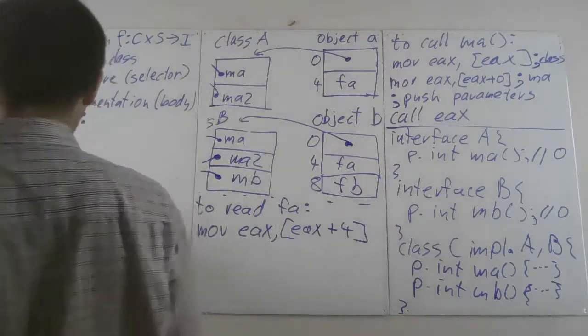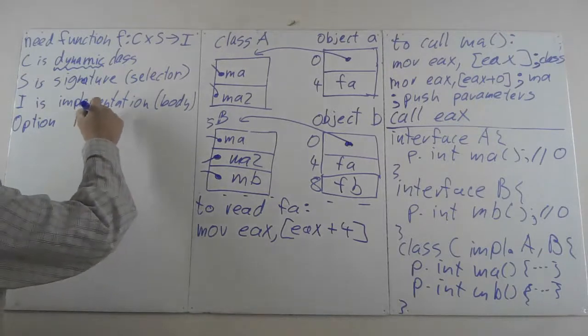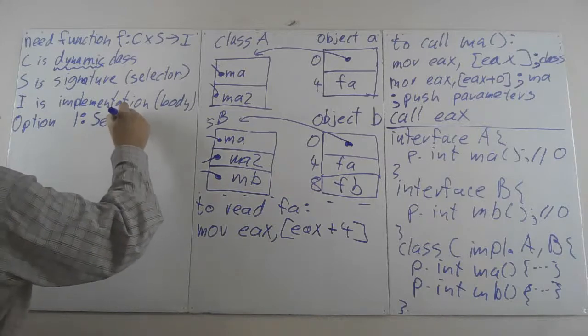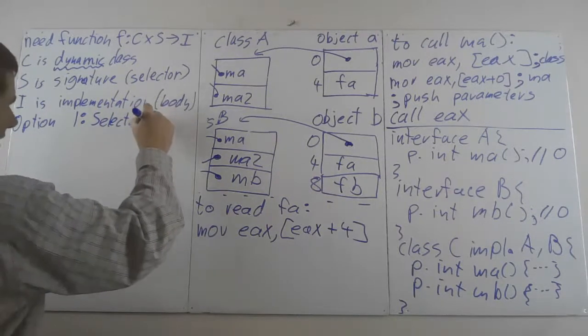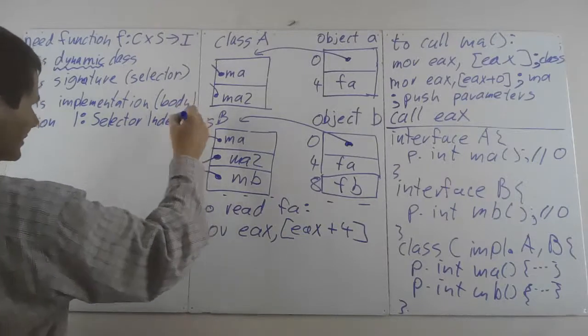Option one is the first one that I would suggest in terms of simplicity. This is called a selector indexed table, or SIT.